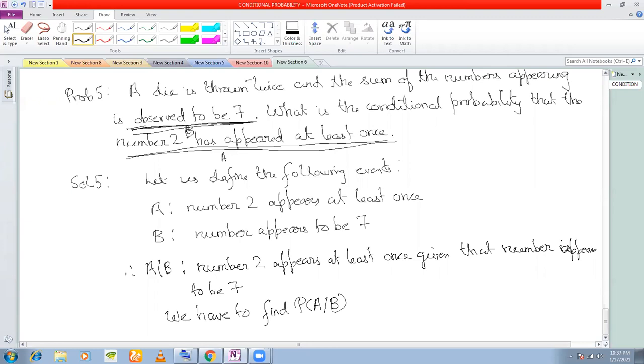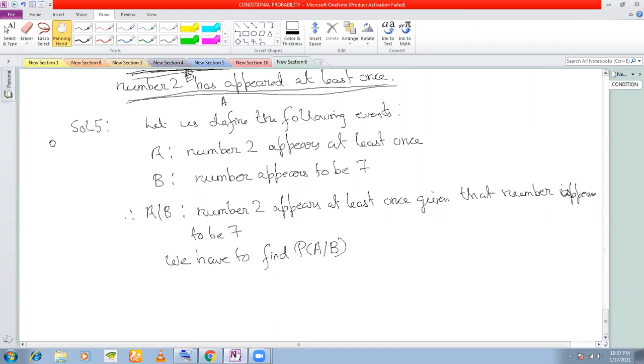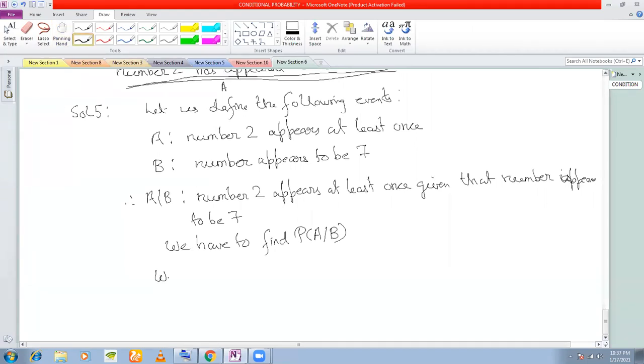See whether you have understood. Now let us proceed to find P(A|B). P(A|B) is equal to P(A intersection B) divided by P(B).